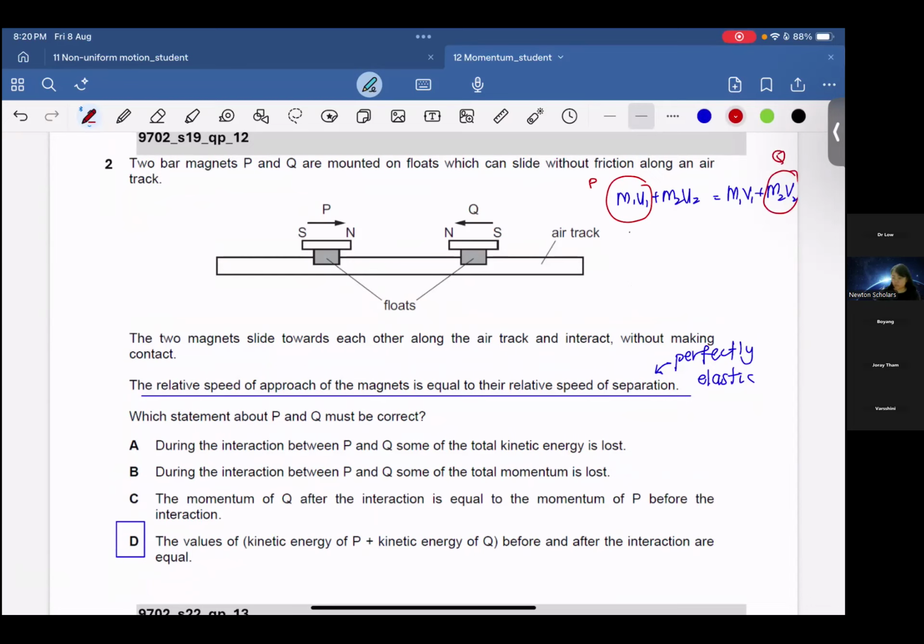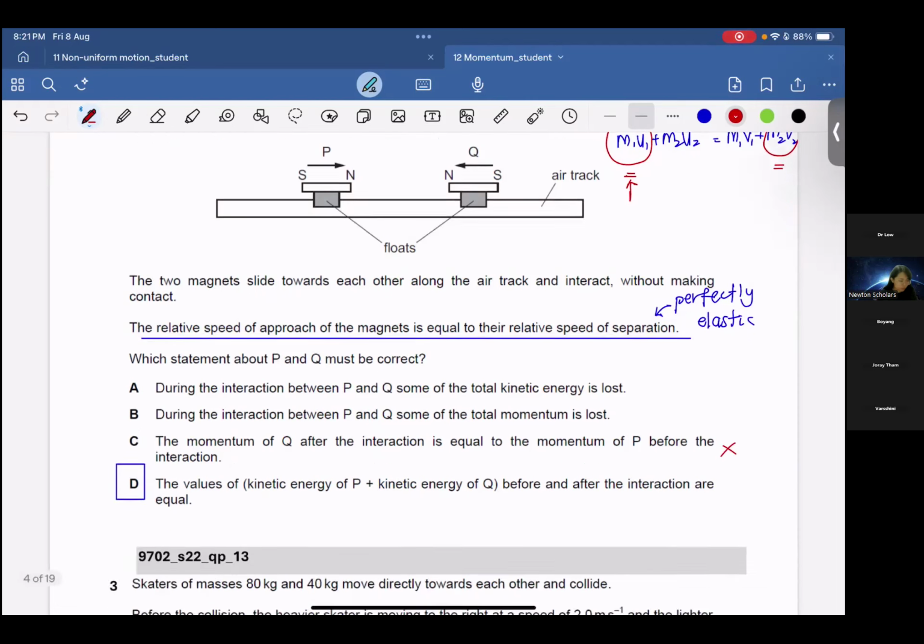No, we cannot say so. We cannot say this and this are the same. The total of P and Q before equals the total of P and Q after, that is correct. But momentum of P before collision equals momentum of Q after collision? No, this is a wrong statement.